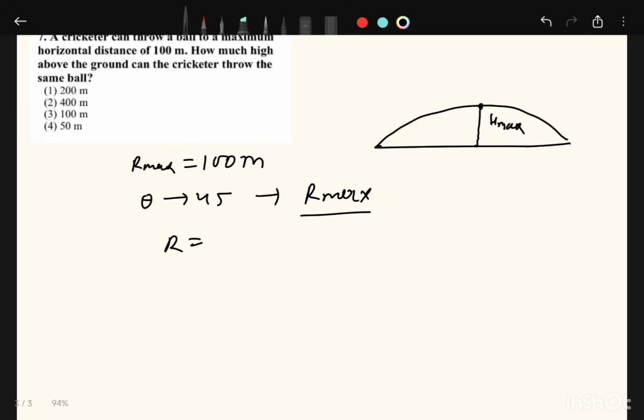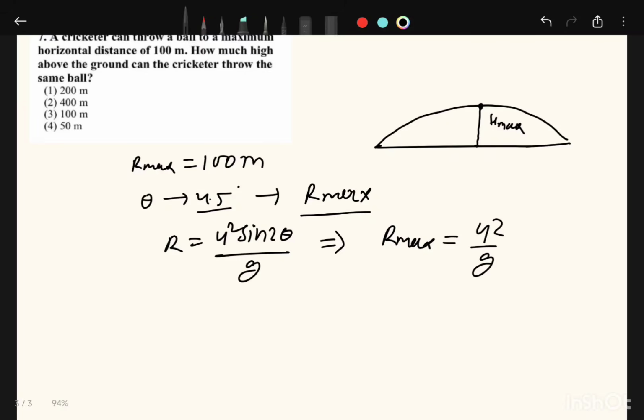For R we know u square sine 2 theta by g, and if you put 45 degree here, the R max formula will be u square by g, because sine 2 theta, which means sine 90, will be 1. So R max is u square by g.